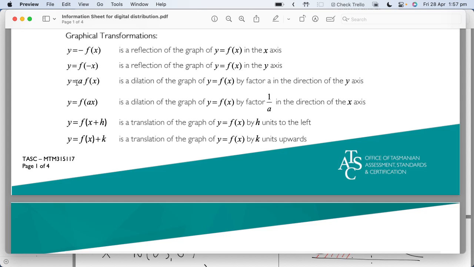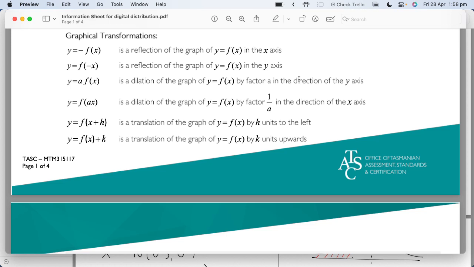Y equals a multiplied by f of x. So what we're doing is we are taking the function and we are multiplying the old coordinate, which is f of x, by a. So that is called a dilation of the graph by a factor of a in the direction of the y-axis, which means that it's stretching that way or compressing that way.